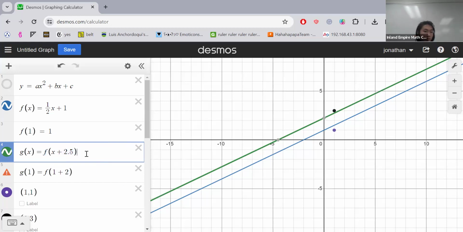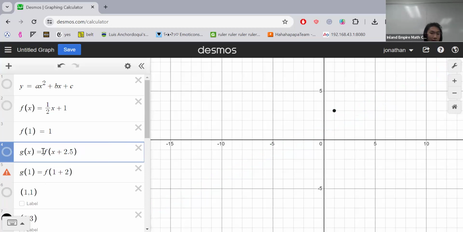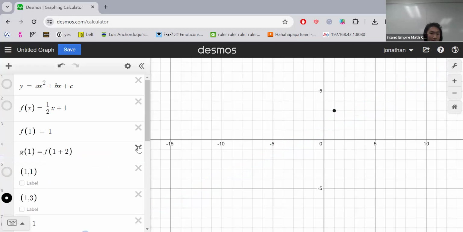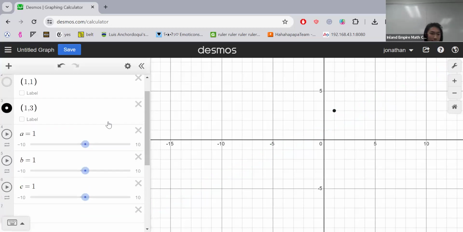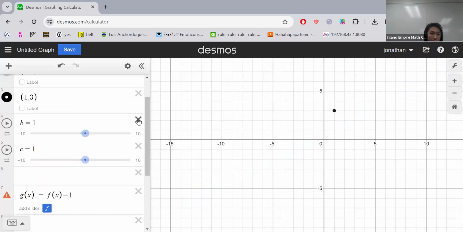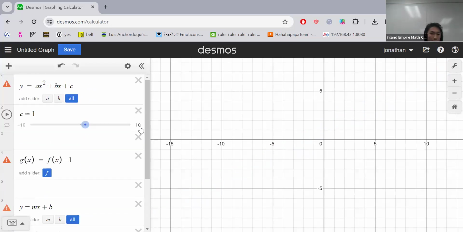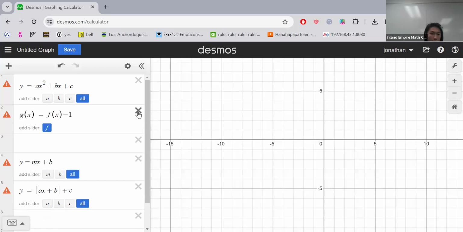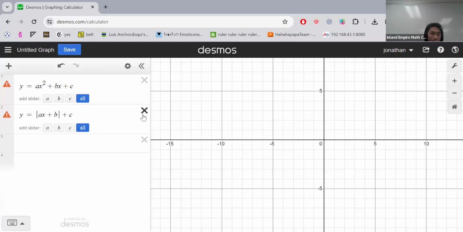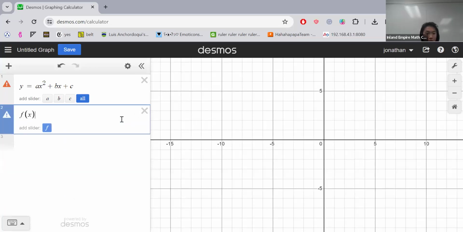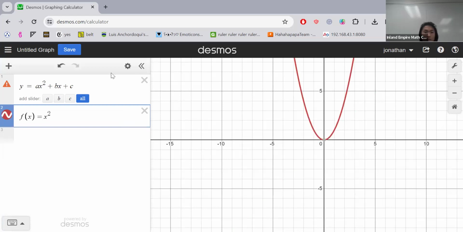All right, so now we understand the translations for all these functions. Let's go back to trying to translate that quadratic function. Clear some of these lines. All right, so we have our quadratic function, x squared.